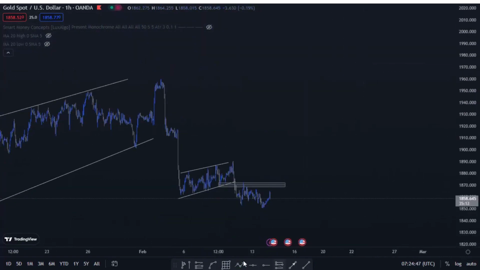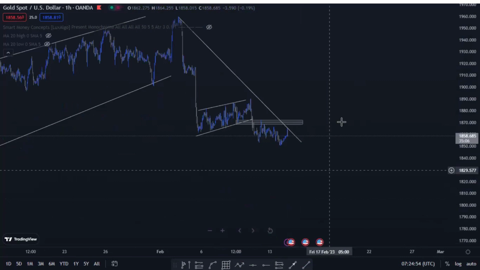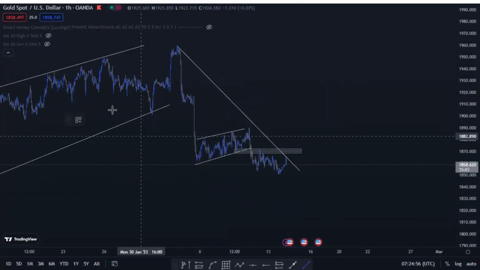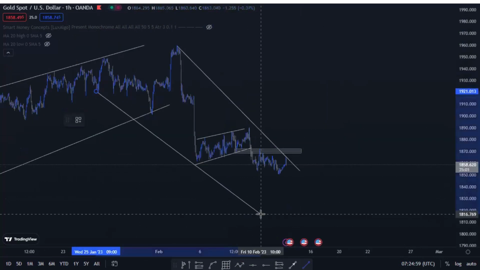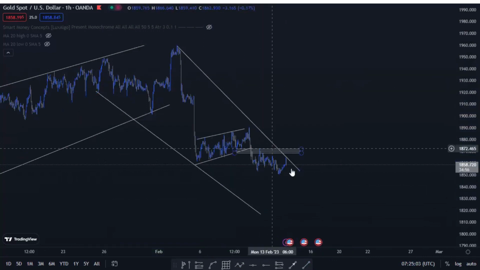As I was saying, guys, we also have a pattern right here. Pattern within patterns, guys. We just follow what price gives us. So right now our job is to just wait for what price is giving us.